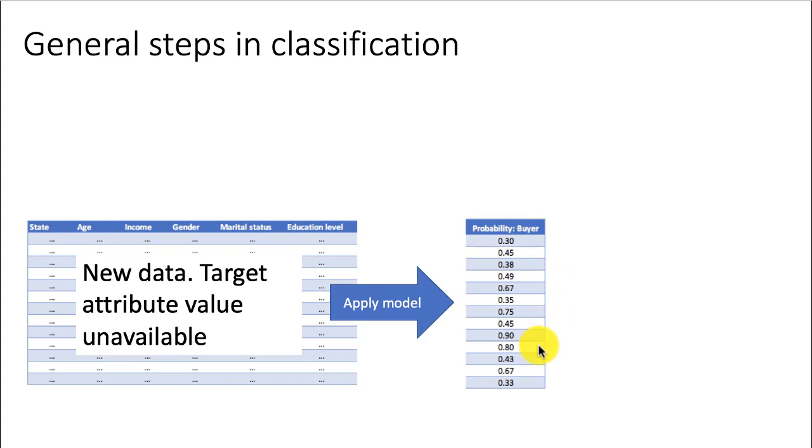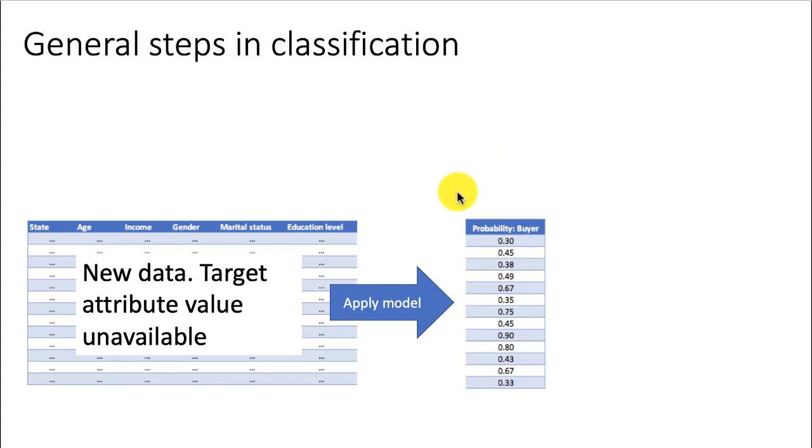Whereas for this particular case, it is saying there is a 0.8 probability that this person is going to be a buyer, or even for this person, there is a probability of 0.9 that they're going to be a buyer. Whereas for the last case, the probability is only 0.33 of them being a buyer. So obviously, if the probability is low, that case is very unlikely to be a buyer. If the probability is high, the case is very highly likely to be a buyer.